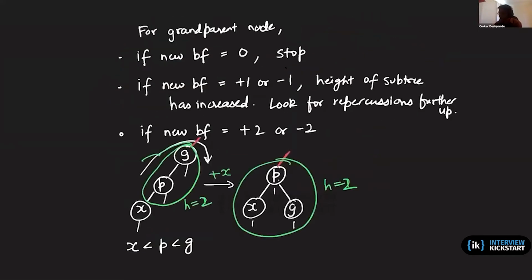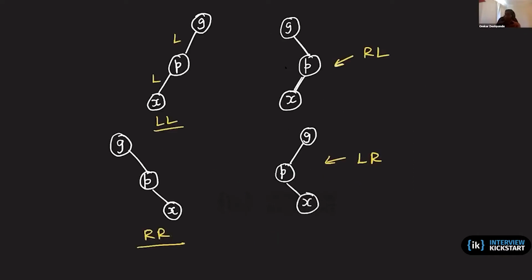But initially what we said is, if the height of the subtree rooted at the grandparent has increased, there's no problem at the grandparent itself, but maybe further up there could be a repercussion on some ancestor. So we have to keep going up in that way.